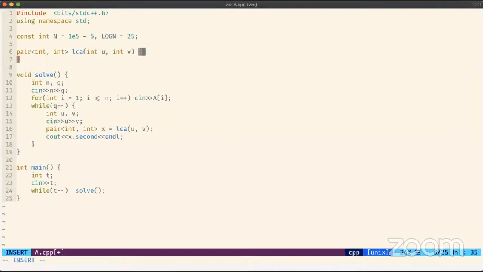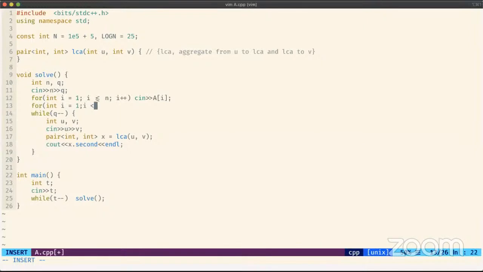The idea is that this pair should return LCA comma the aggregate from u to LCA and LCA to v. This is what this function should return. First line of each test case contains 2 integers. Then we also have in the input the tree itself.